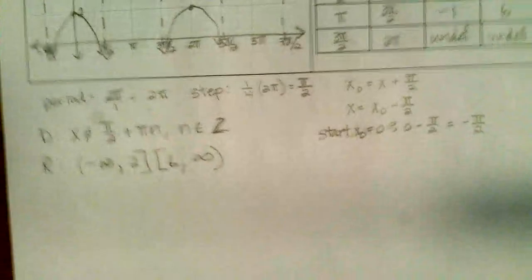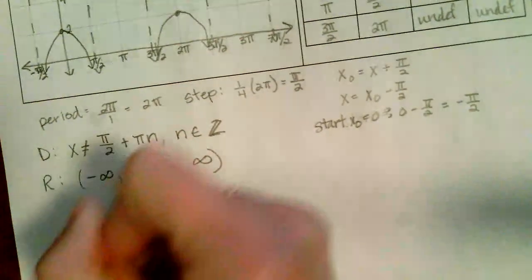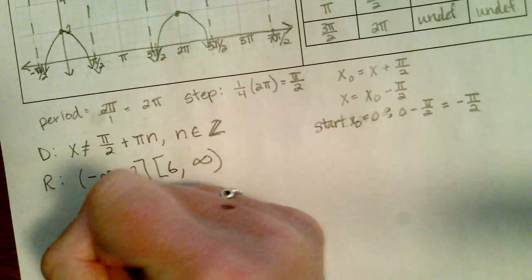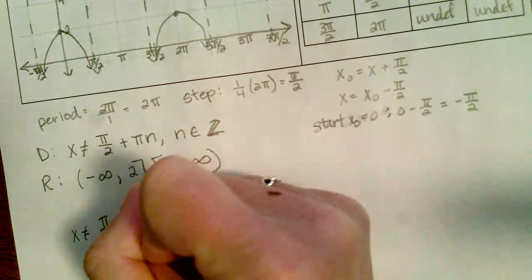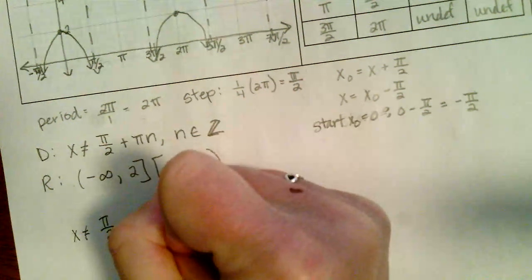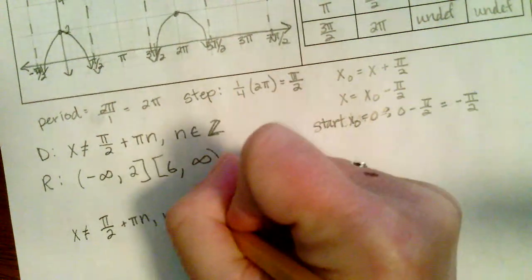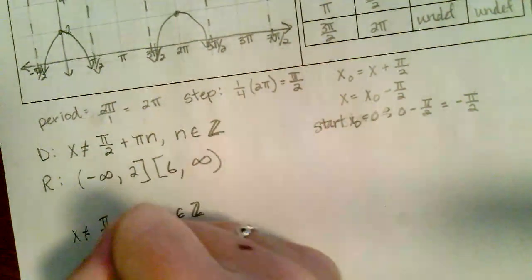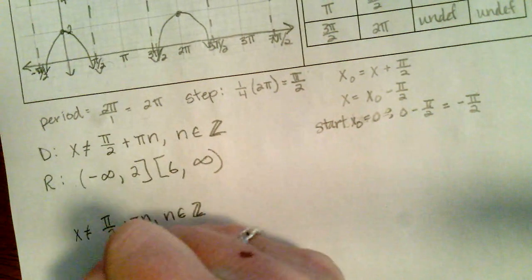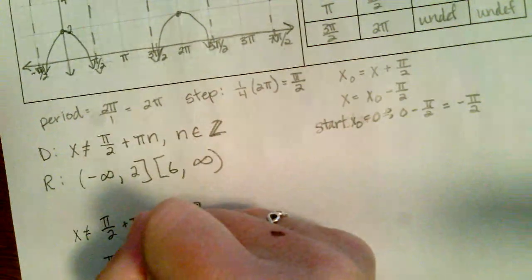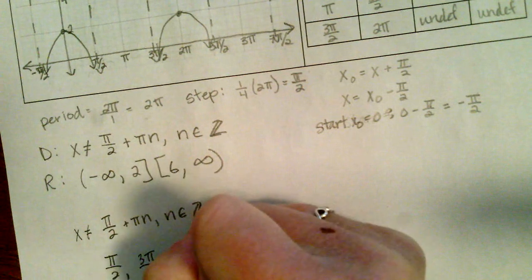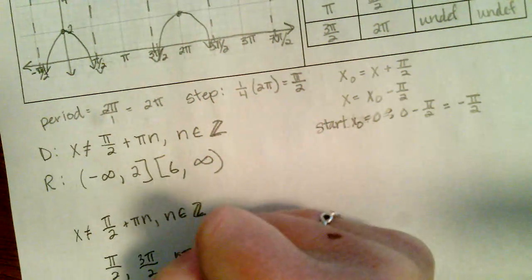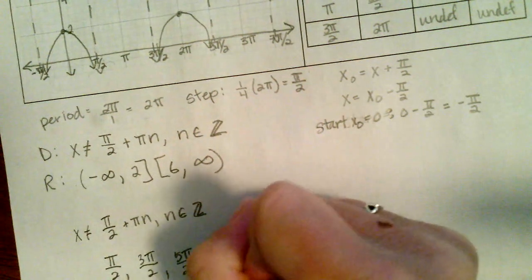Real quick, I talked about how your domain can look different. Let's say I say X cannot be pi over 2 plus pi n, where n is an integer. This is the list we found above. Pi over 2, 3 pi over 2, 5 pi over 2, 7 pi over 2.